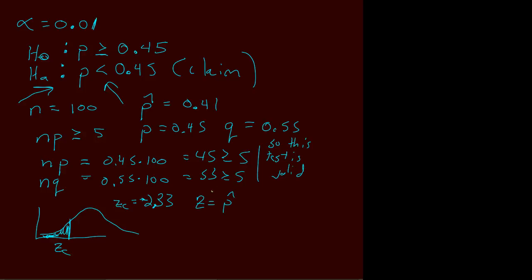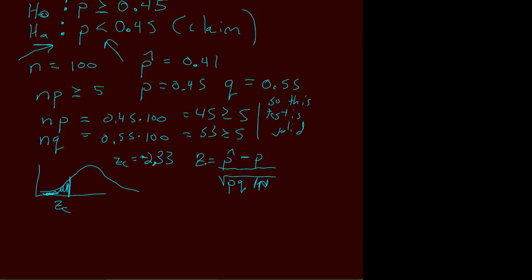Our calculation for the Z score is our sample statistic minus the claimed population statistic, and then, using the binomial distribution, we get PQ divided by N. Notice this is all under the square root sign. All under the square root sign. Slightly different than what we were having before.